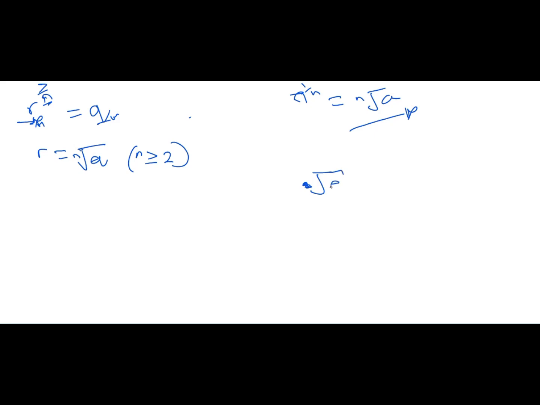So if we have the root of a, this is still the same as a to the power 1 over 2. That's why they write n here. This is the n, and this is the same, guys. We can also have the cube root of a. The cube root of a is the same as a to the power 1 over 3. So this is what is happening.